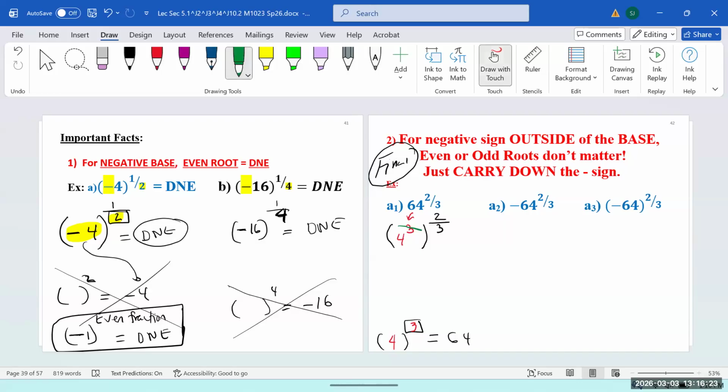So the 3s cancel, both of them. We are left with what now? 4 on the base, and then the 2 power on the exponent. So what is 4 squared? 16.